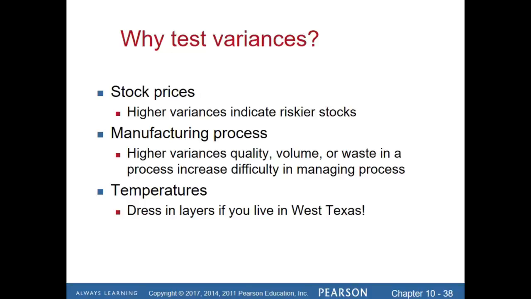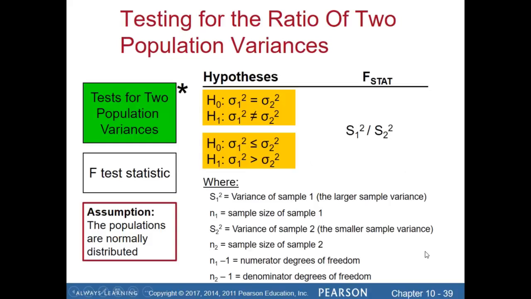Compare that to someplace like, oh, I don't know, Palm Beach, Florida, might have a similar mean temperature or average temperature, but much less in terms of the amount of swing or variation that they see in temperature from one day to the next. So a lot of reasons we might want to compare and evaluate whether the variance of one population is different from the variance of another. So that's what we're about here, and we're going to walk through the process.